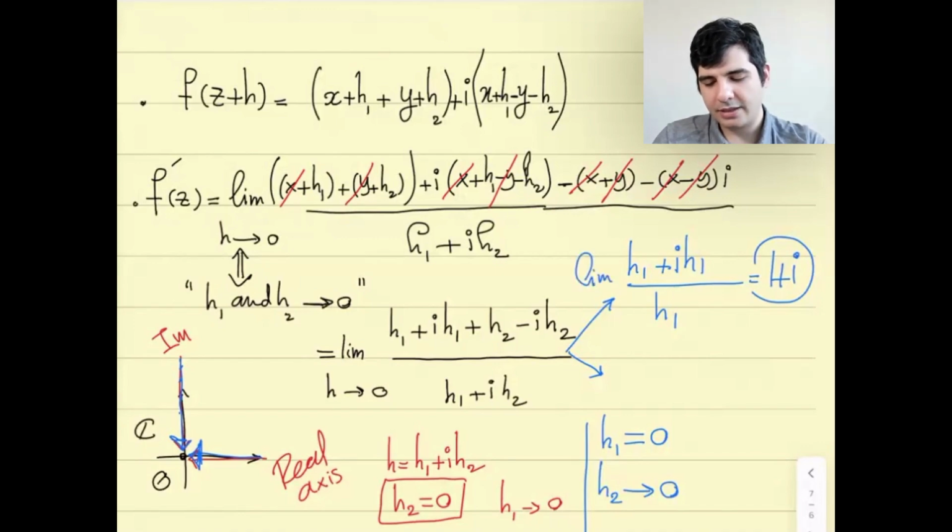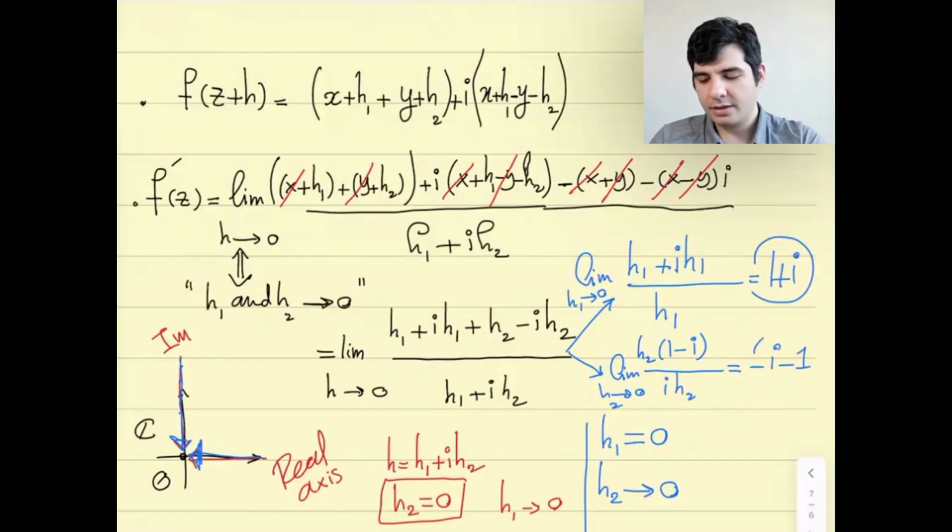We still have the limit here, h2 going to 0. So h1 is 0, we discard h1. The remaining thing is h2 minus i h2. And then in the denominator, we have i h2. We can cancel h2 with h2, and the remaining thing would be minus i minus 1.